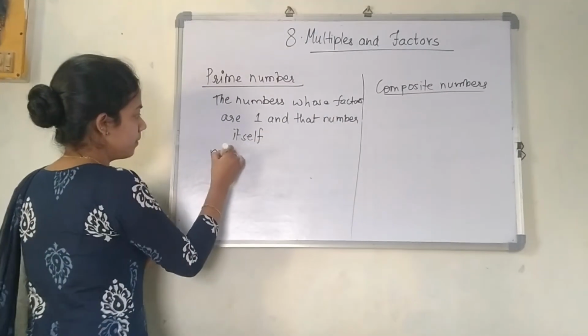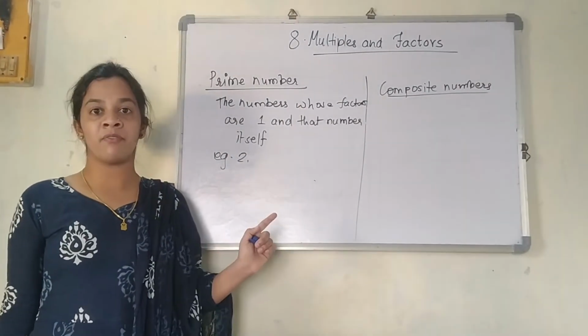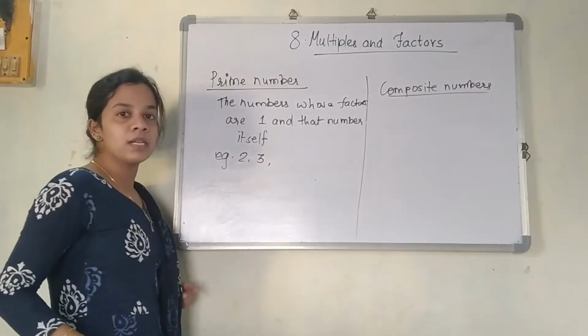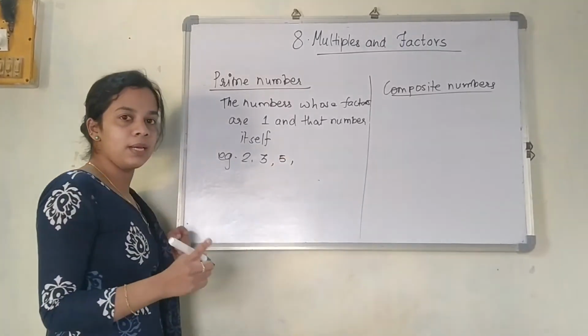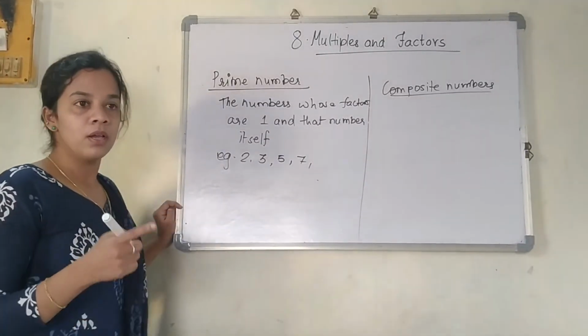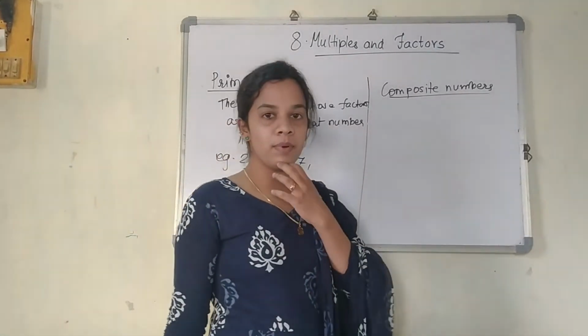For example, 2 comes in 1's table and 2's table, so it is a prime number. 3 comes in 1's table and 3's table. 5 comes in 1's table and 5's table. 7 comes in 1's table and 7's table. So you can find out the prime numbers.